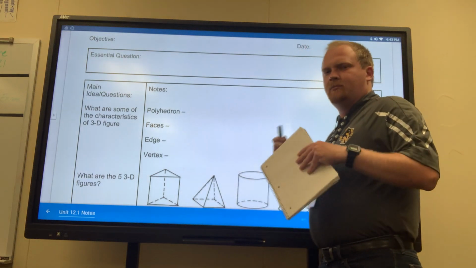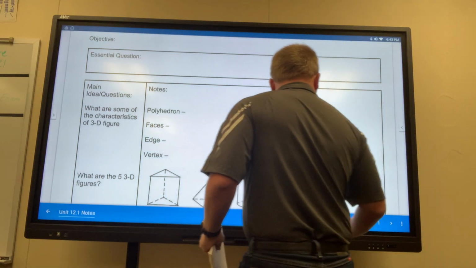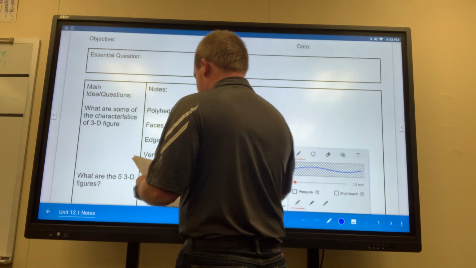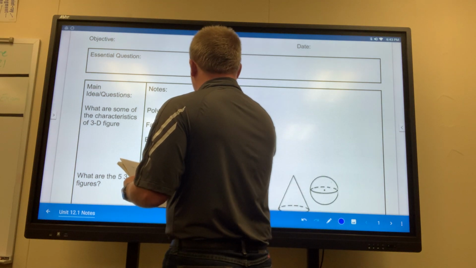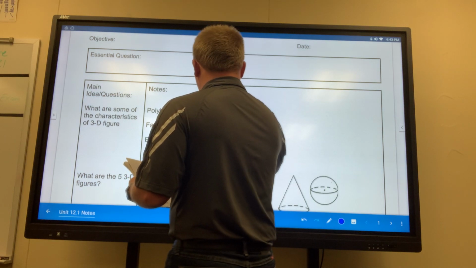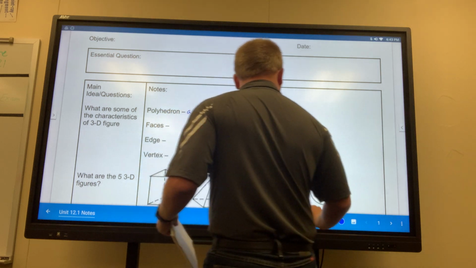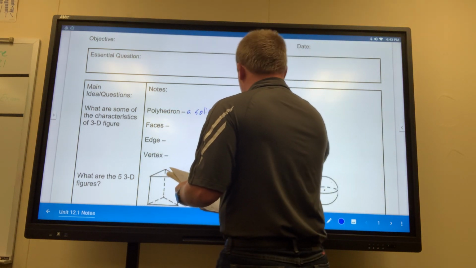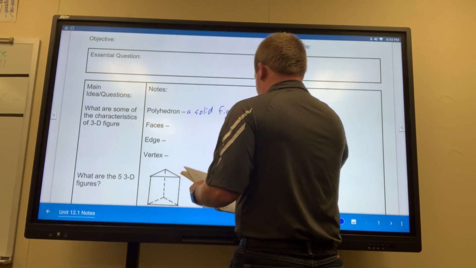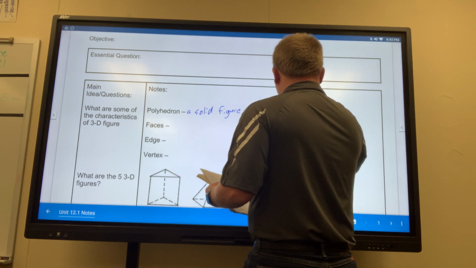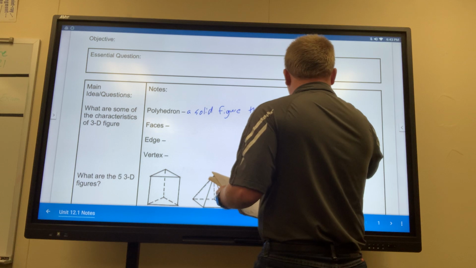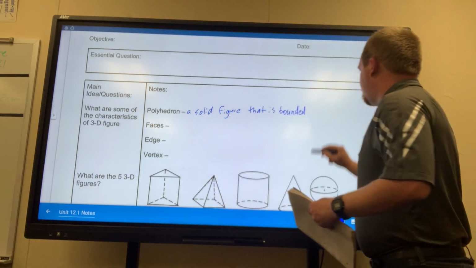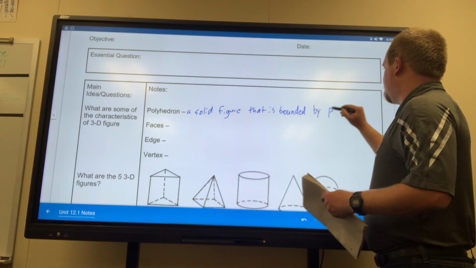Polyhedron is basically a solid figure, just a solid figure, that is bounded by polygons.